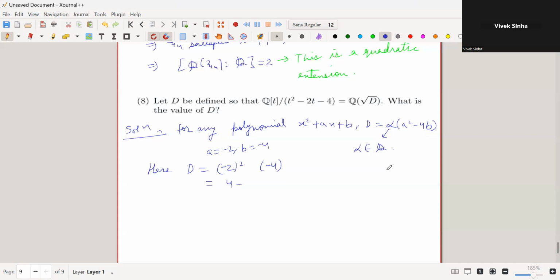So a square minus 4 times b, that is 4 plus 16, that is 20, right?